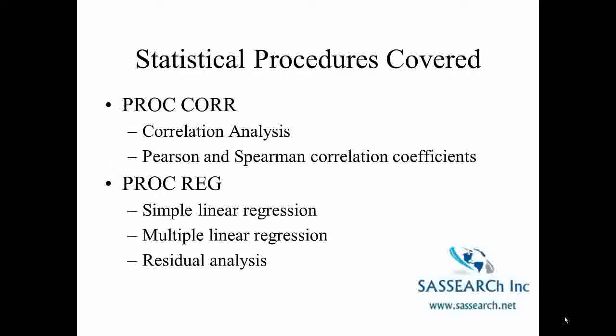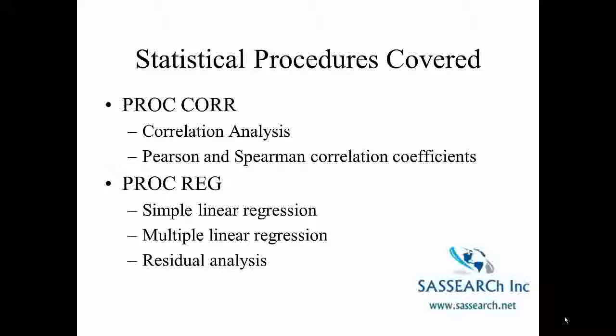Two procedures that are used when we're looking at the association of continuous variables: Proc Corr, which does correlation analysis. Specifically, it calculates Pearson and Spearman correlation coefficients. Proc Reg is used for simple linear regression, multiple linear regression, and residual analysis.